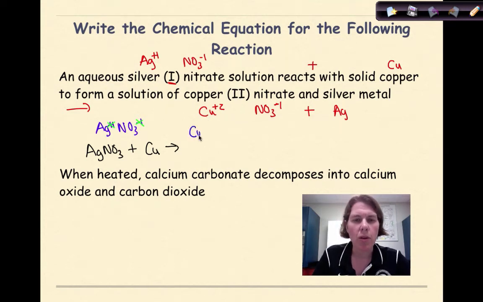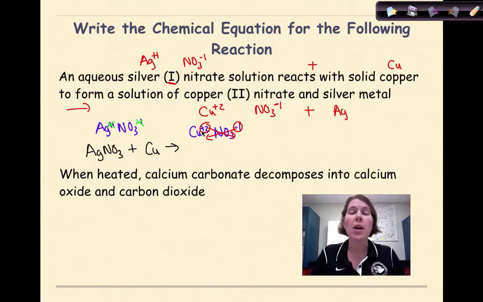So my next formula is Cu plus 2, NO3 minus 1, and I'm going to cross these down. That's going to be absolutely key here. So the plus 2 is going to go down here, and the minus 1 is going to go down here. But I remember back to my chemical formulas review, and what's the mantra? No positives, no negatives, no ones.